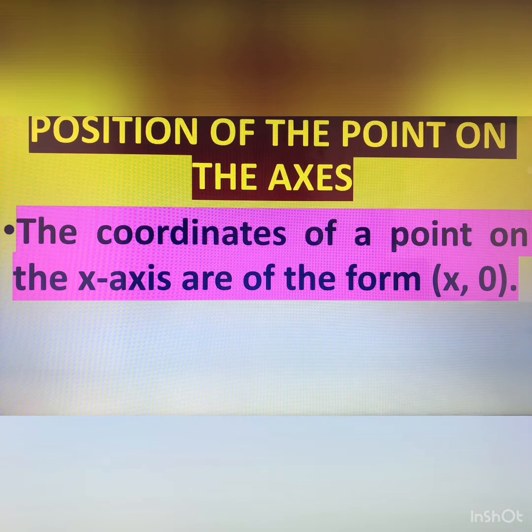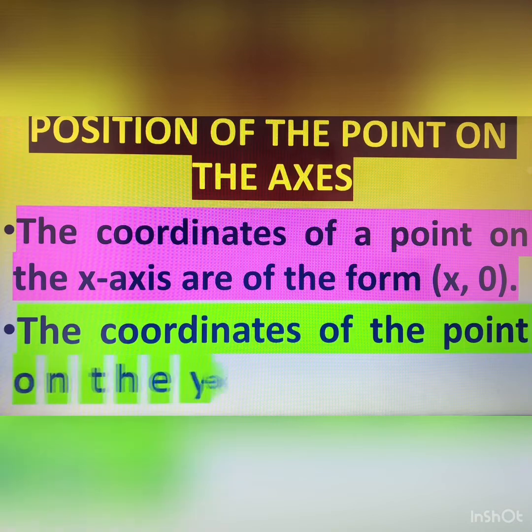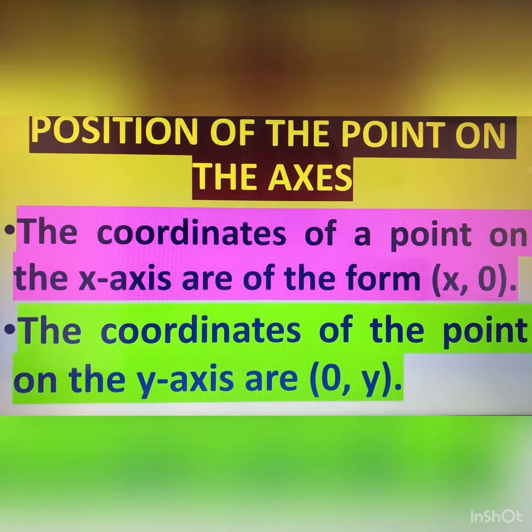Always ordinate will be 0 in that case. Similarly, the coordinates of a point on the y-axis are (0, y). Means in that case, if the point lies just on the y-axis, then the x coordinate will be 0. Means coordinates of that point will be (0, y). So this is the important point.